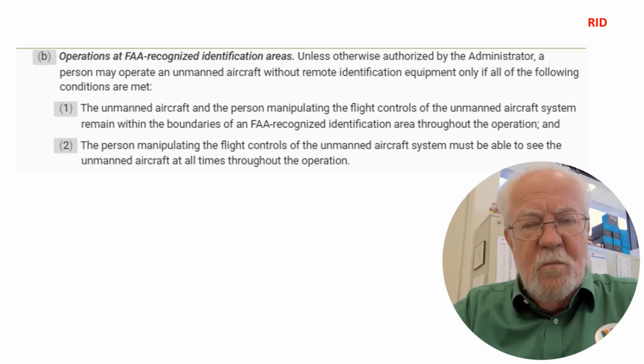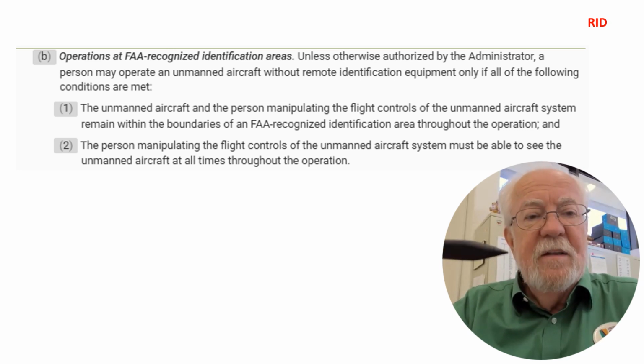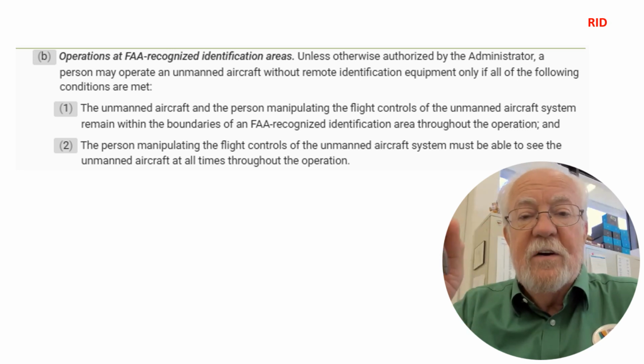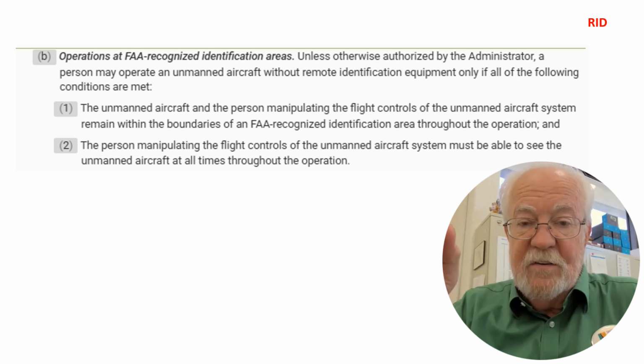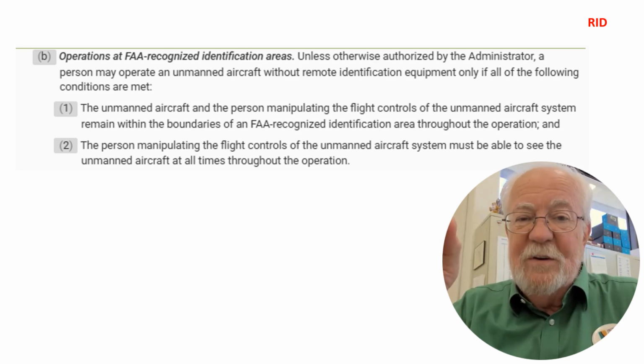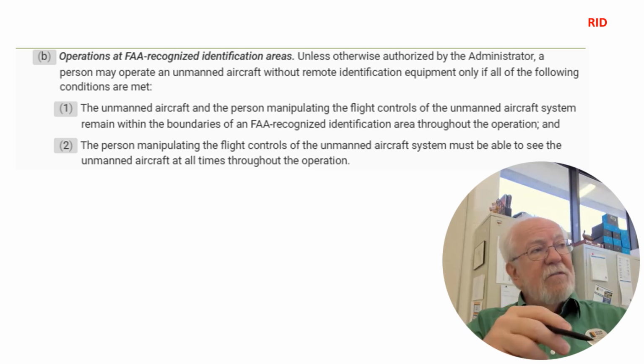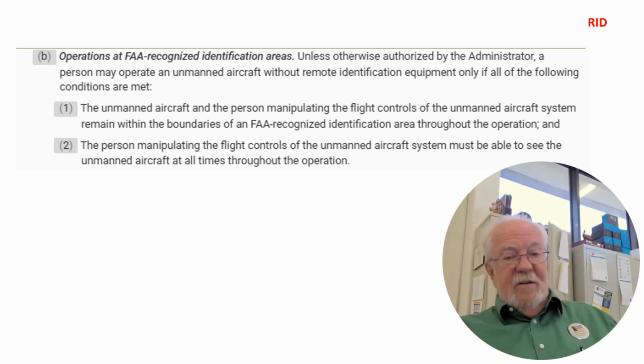B, that same 89.115 says that for operations at an FAA-recognized identification area, you may fly without remote identification. So that's really the only opportunity you may have to fly without remote ID. All of our aircraft have remote ID because they're all modern aircraft.